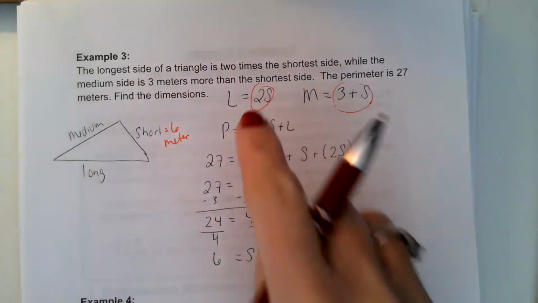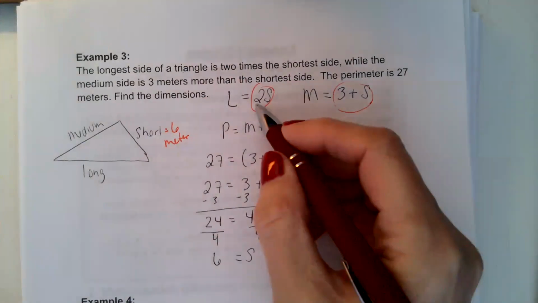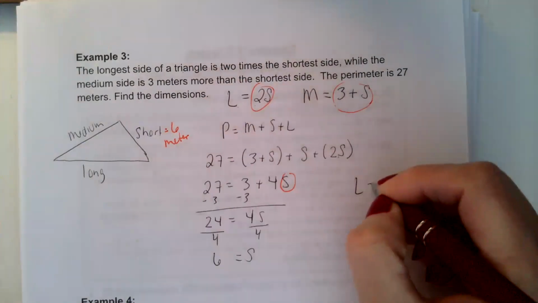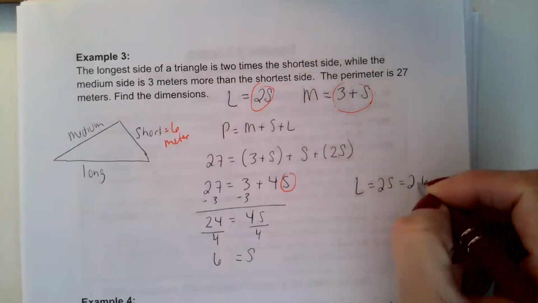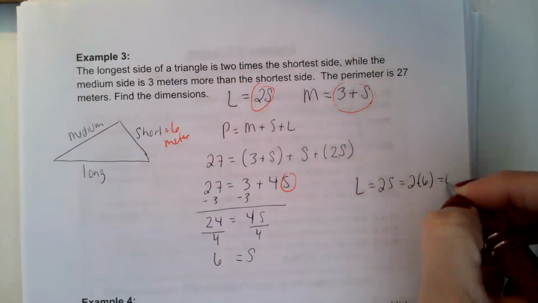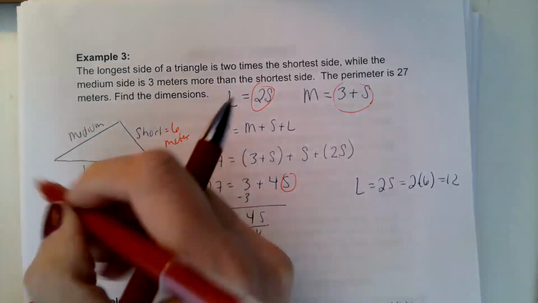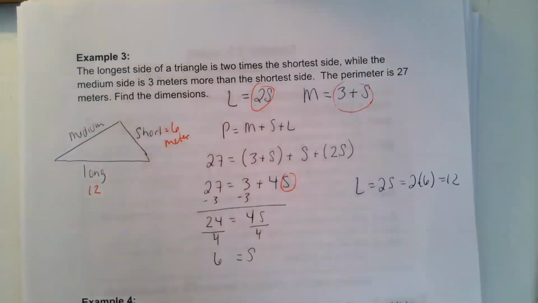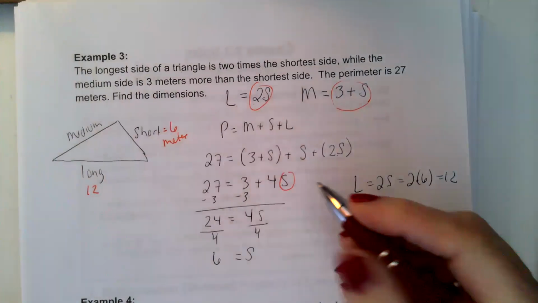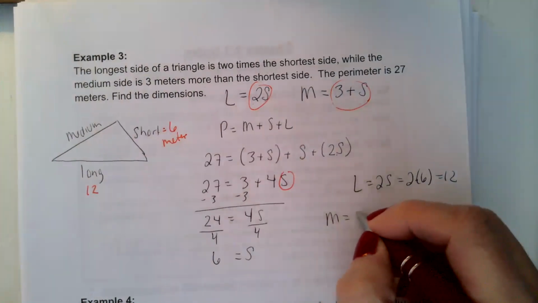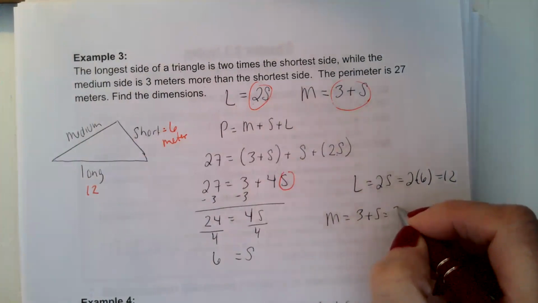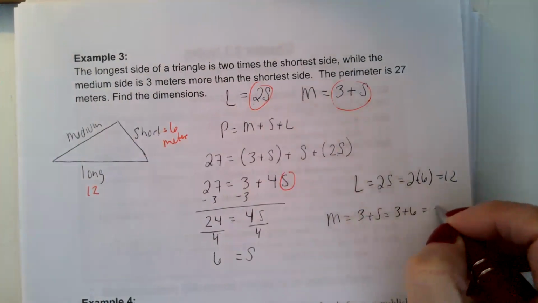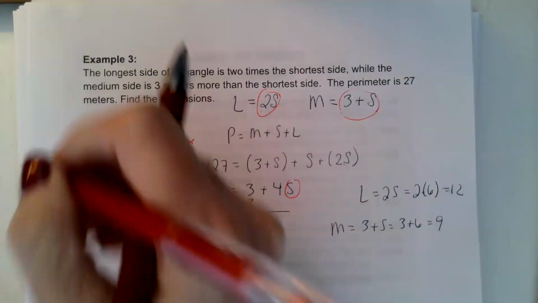So if the short side equals 6 meters, then we know that the long side is 2 times the short side. So that's 2 times 6, or 12 meters. And then we know that the medium is equal to 3 plus S. So that would be 3 plus 6, or 9 meters.